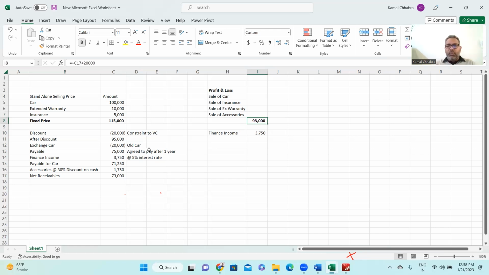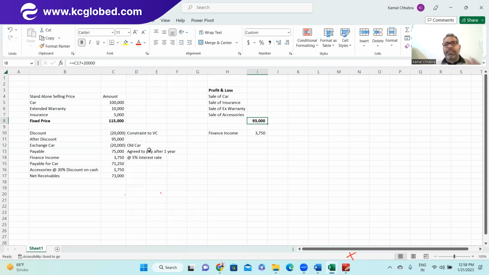But this is how you need to allocate the transaction price to different performance obligations. Performance obligation is delivery of car, giving insurance, right? Giving extended warranty and providing accessory. These are like 4 separate performance obligations. So on those performance obligations, we need to identify how much of this 93,000 will need to be allocated.